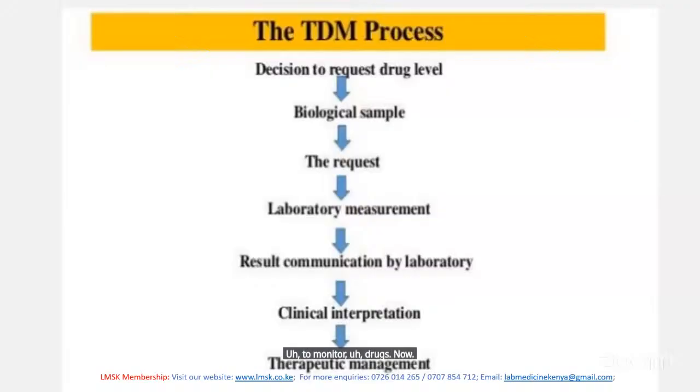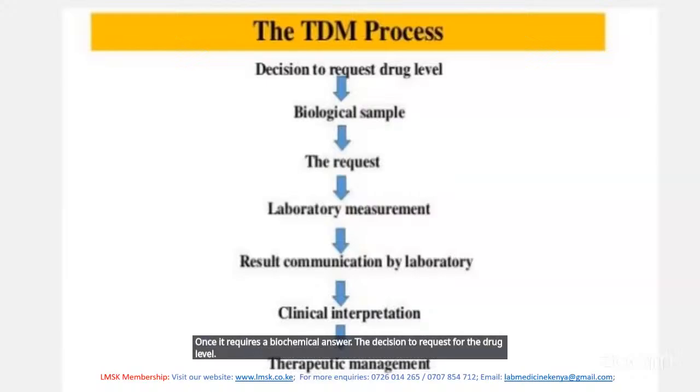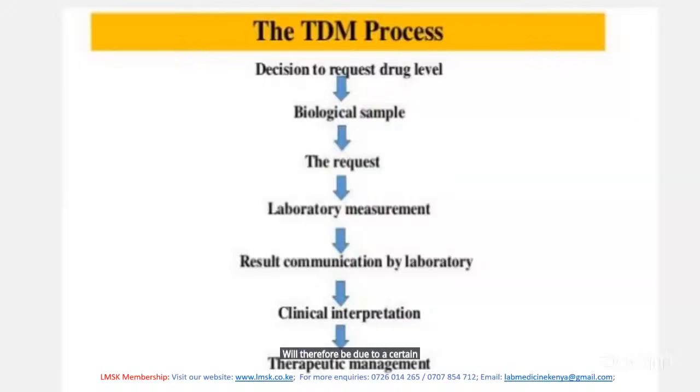Now, when you're monitoring drugs, it starts with a decision. Remember, in biochemistry, we usually say it starts with a clinical question, which requires a biochemical answer. The decision to request for the drug level will therefore be due to a certain clinical question.